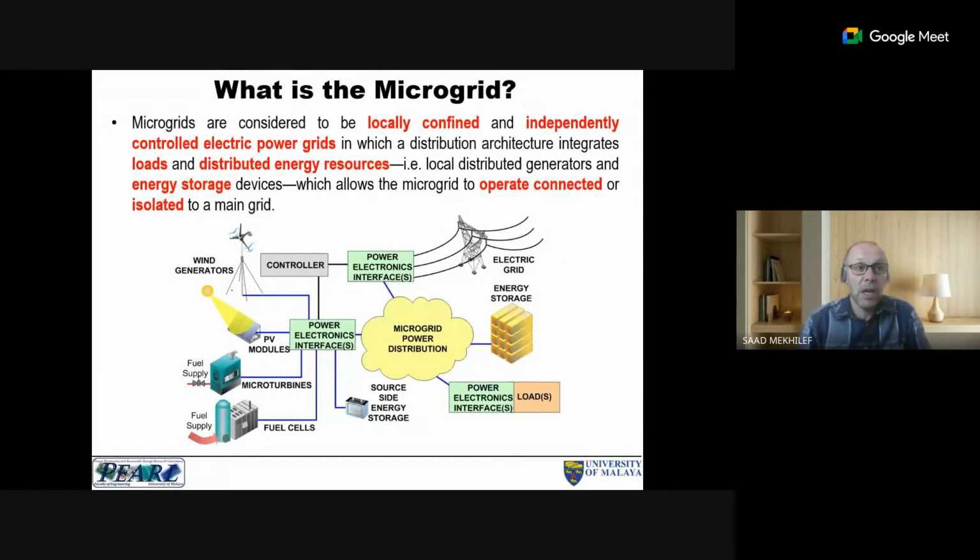So what we have here, for example, is a wind turbine, solar PV modules, what I call a micro turbine, which is basically a diesel generator, a fuel cell, and storage. What does this mean? It does not mean that you must have all these components. No, this is just the options that we have.